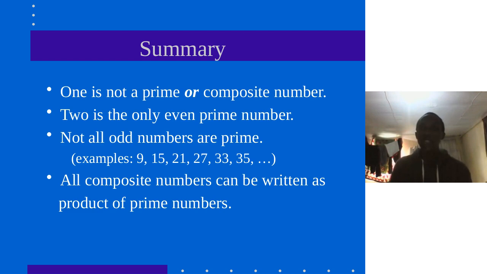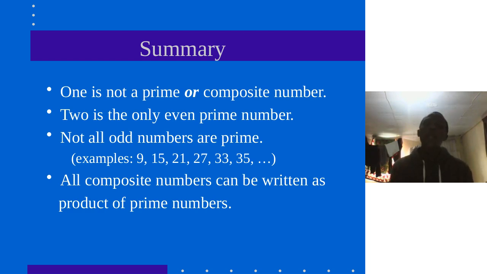So class, let's look at the summary of what we have been learning all through. First, 1 is not a prime or composite number. A prime number is a number that can be divided by itself and 1 only. When you divide 1 by 1, you obtain 1, so it has only one factor.